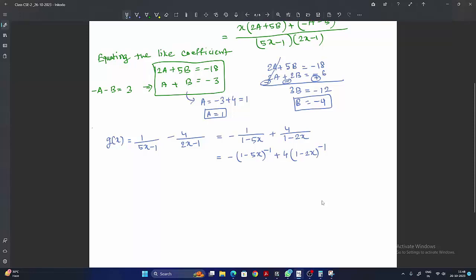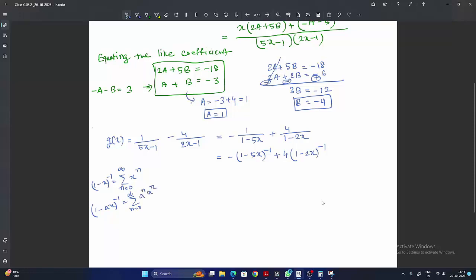So the series are (1 − x) to the power minus 1, and it will be the sum of x to the power r, where r is equal to 0 to infinity, or if you take n, it will be n is equal to 0 to infinity. And if you have (1 − ax) to the power minus 1 here, your series will be the sum from n equal to 0 to infinity of a to the power n x to the power n.